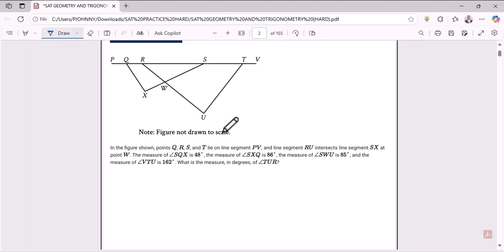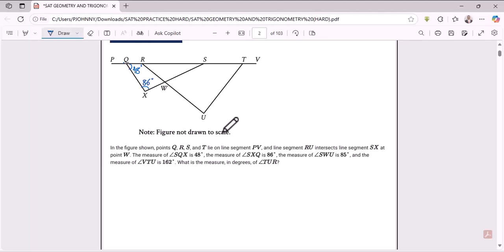The measure of SQX, that's this angle here, is 48 degrees. Then the measure of SXQ, that's this angle here, is 86 degrees.